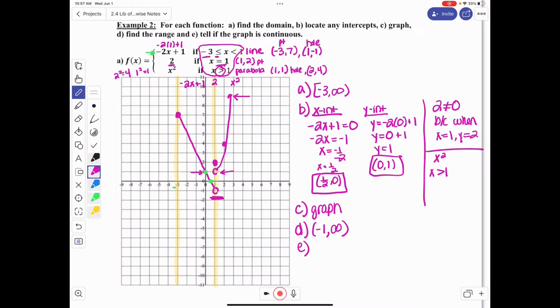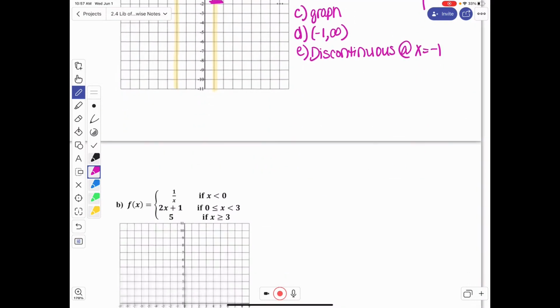And we do have holes here, so it is discontinuous at x equals negative 1. Okay, so that concludes that example. So we'll do another example here.